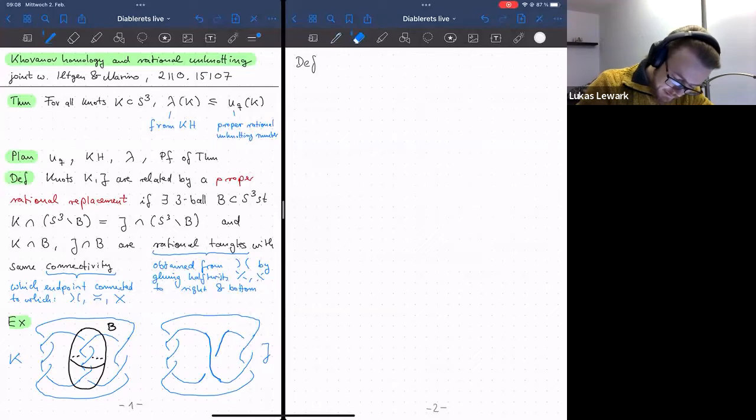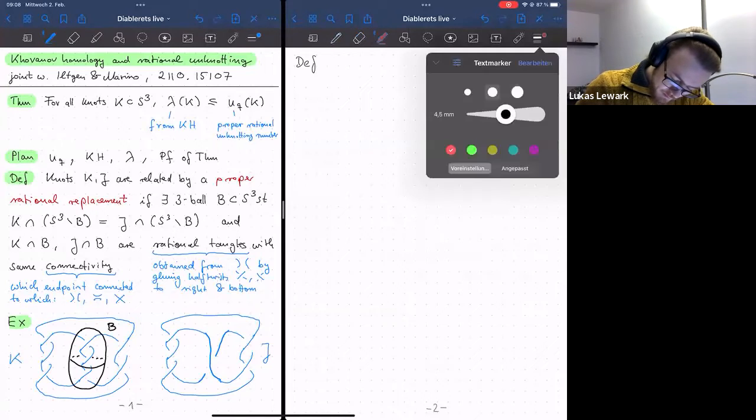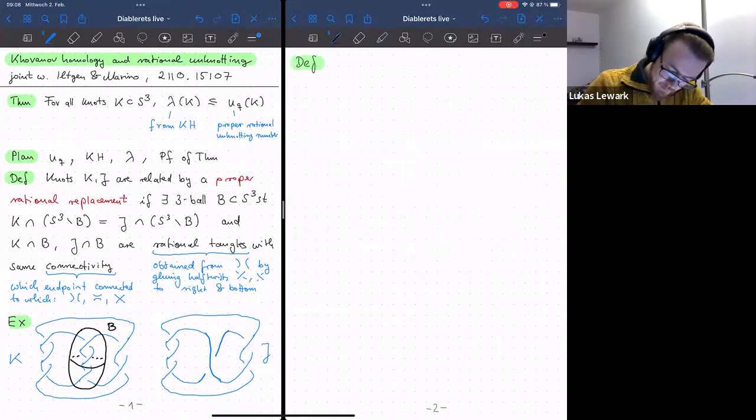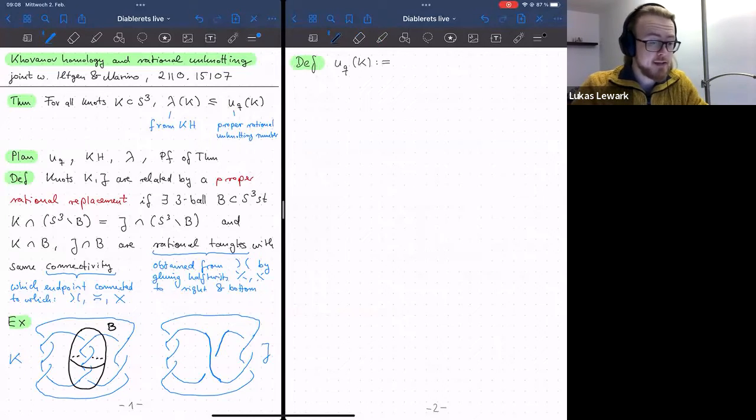And then we say that the proper rational unknotting number UQ is the minimum number of such replacements that I need to do to get from a knot to the unknot.